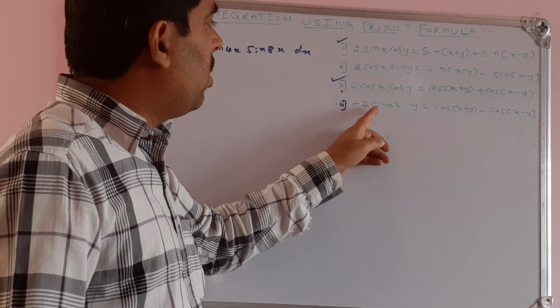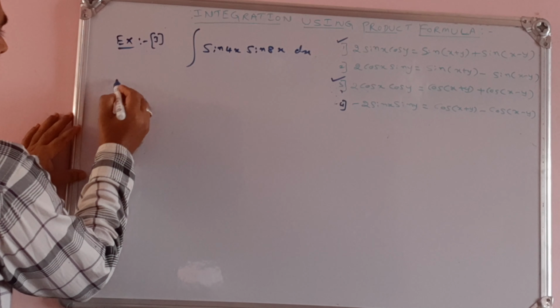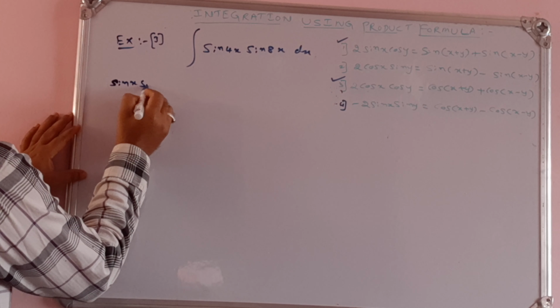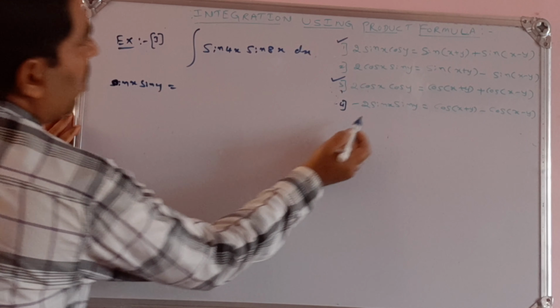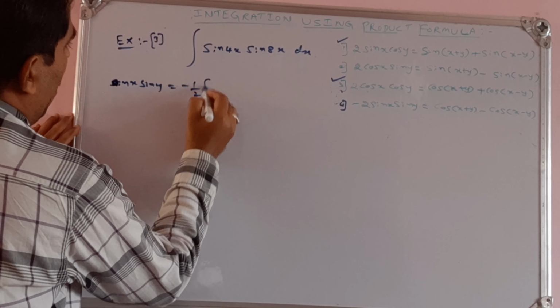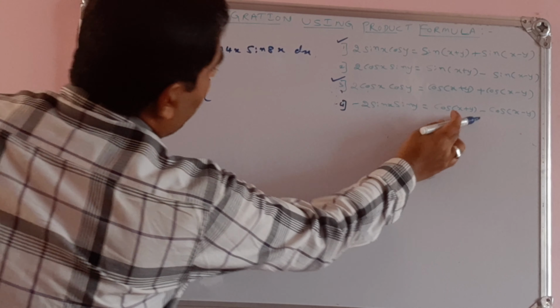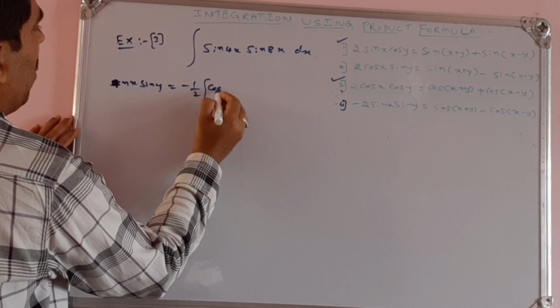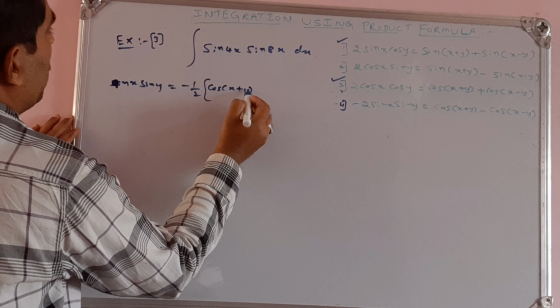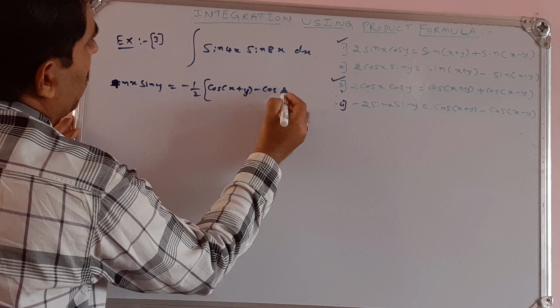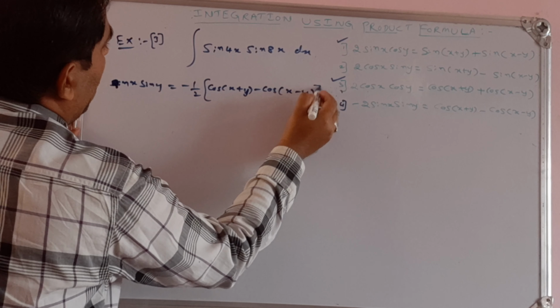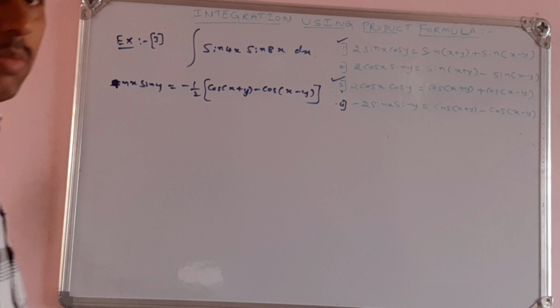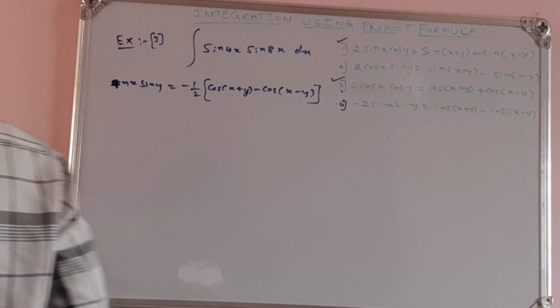The same formula can be written as sin x sin y is equal to minus half into cos of x plus y minus cos of x minus y.